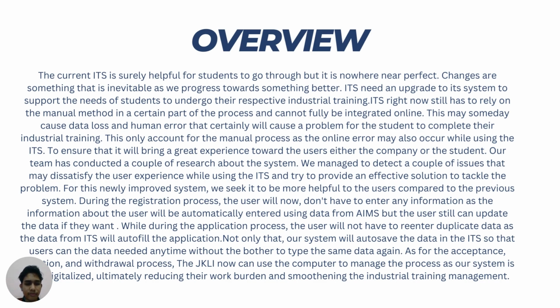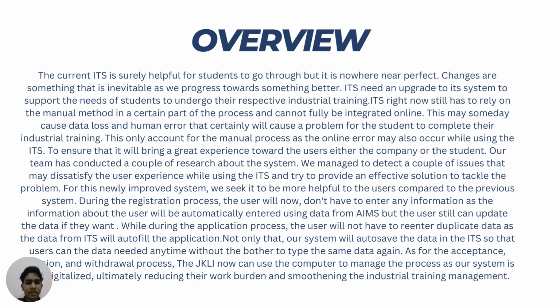For our new improved system, we see it being more helpful to students compared to the previous ITS. During the registration process, the user will no longer have to enter any information, as the information will be extracted from the AIMS. But if a user wants to update information, they still can.